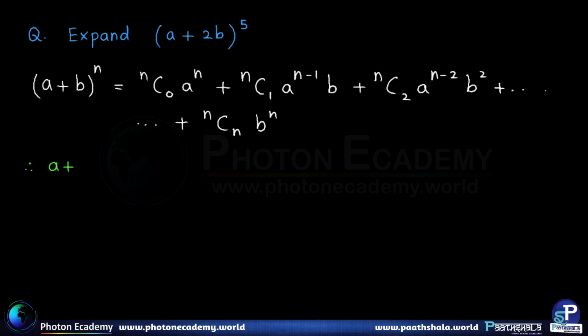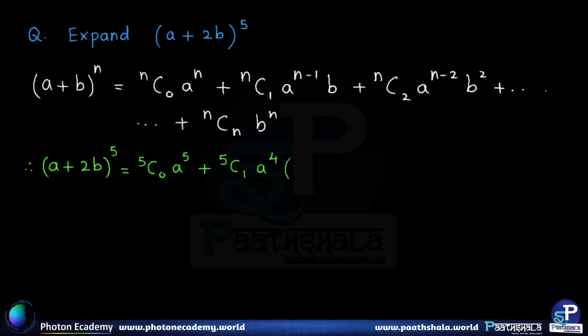if we want to write (a + 2b) raised to 5, it would be 5C0 a raised to 5 plus 5C1 a raised to 4, and now the second term is 2b itself. Make sure that it's the 2b, that is the entire second term and not just b. Okay.